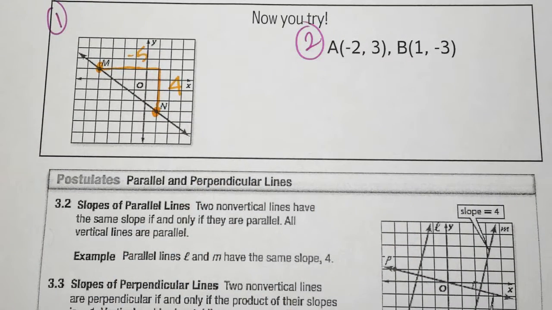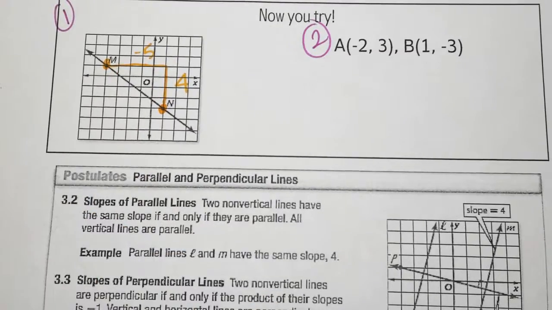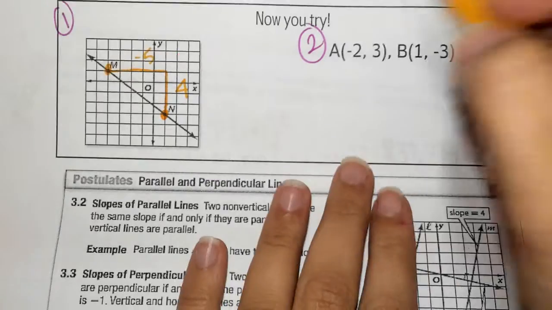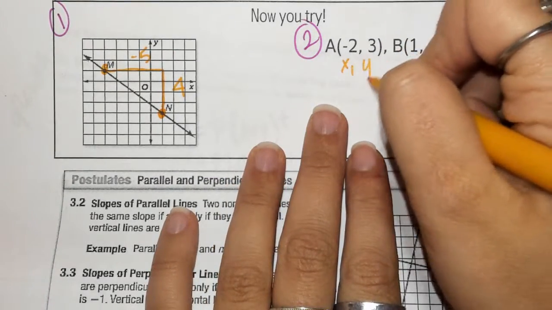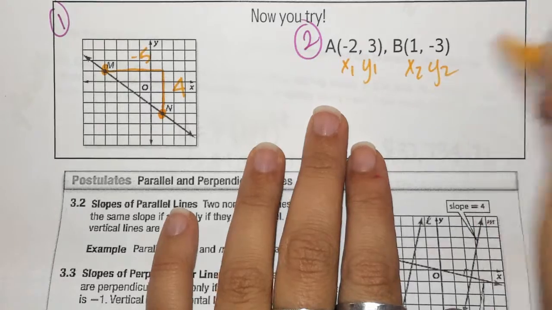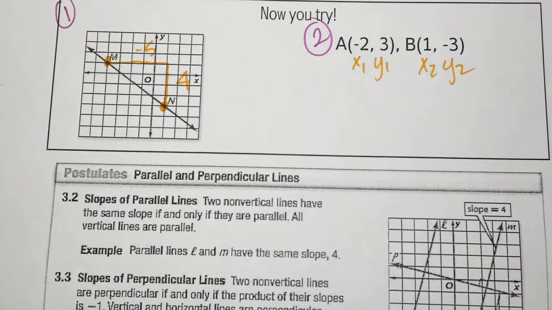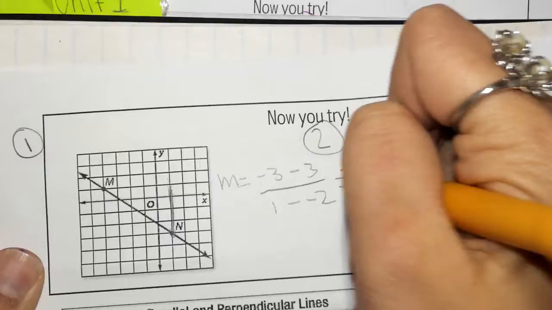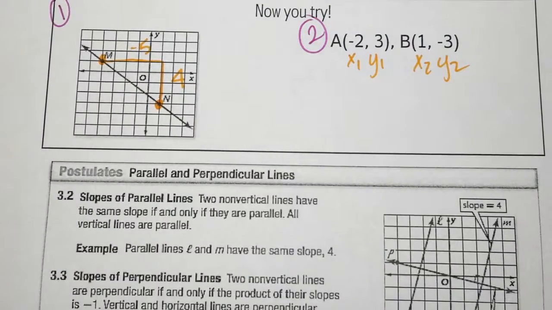You need to do the graph. You shouldn't get 0 though. You shouldn't get 0. I did too, on the second one. Look, negative 3 minus 3 is negative 6. It's right there.